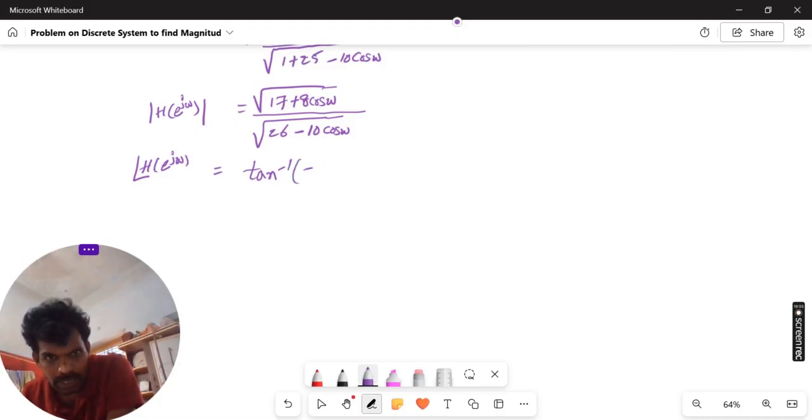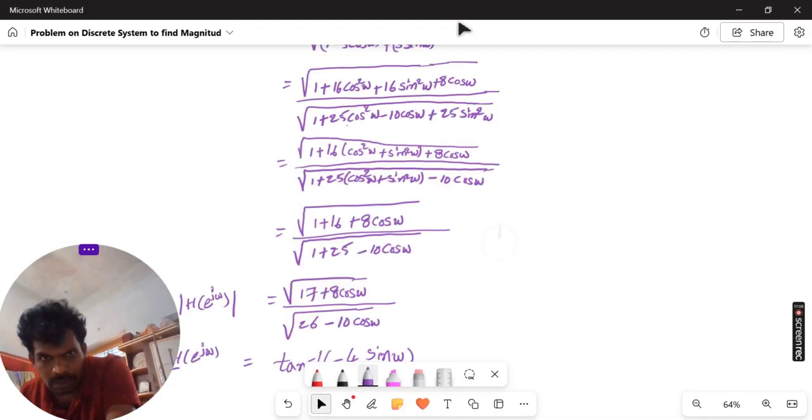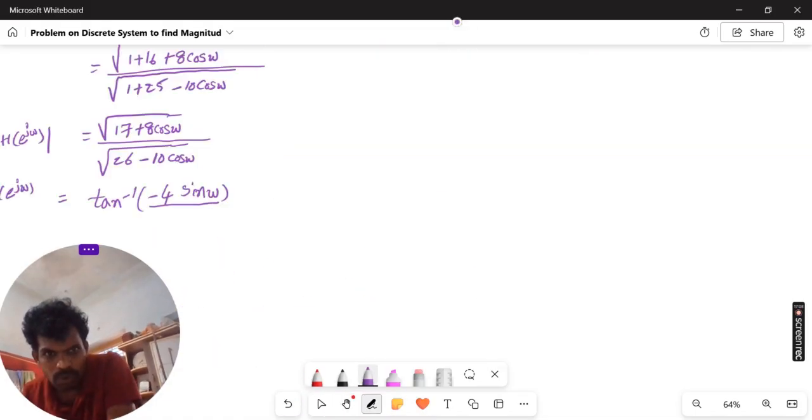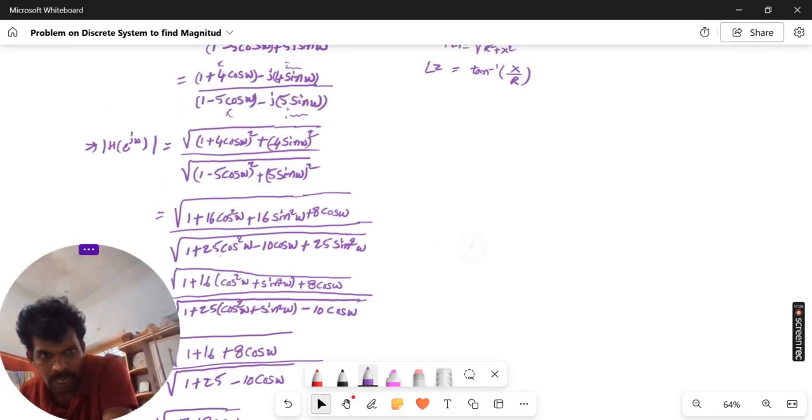Tan inverse of minus 4 sin omega by 1 plus 4 cos omega, 1 plus 4 cos omega, minus tan inverse of. So now we are going to write down the denominator.